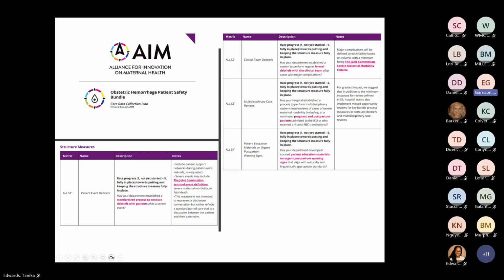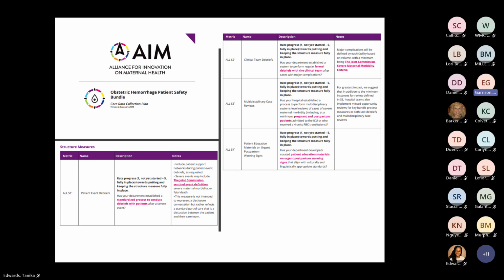And the reason that I included this is because it really lists four processes that are designed to evaluate, to improve our ability to assess our response to a postpartum hemorrhage when it occurs. Each process can help us communicate with the patient, think about our team performance, and optimize our clinical outcomes.